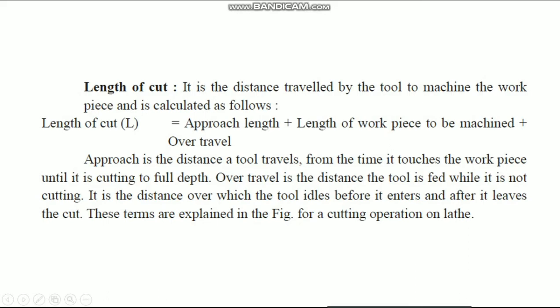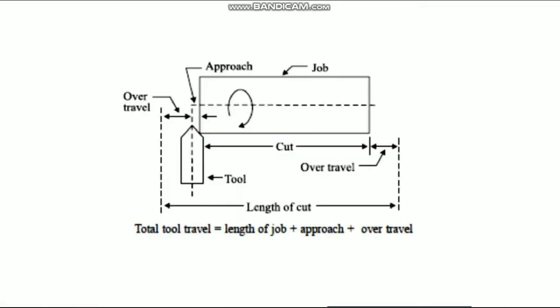The length of cut is the distance traveled by the tool to machine the workpiece and is calculated as follows: approach length plus length of workpiece to be machined plus over travel. I will explain this by using this diagram. This is our job to be machined. This travel is the length of approach.